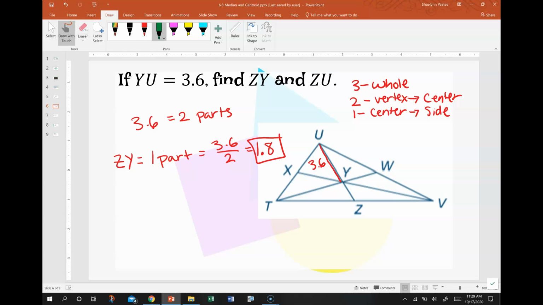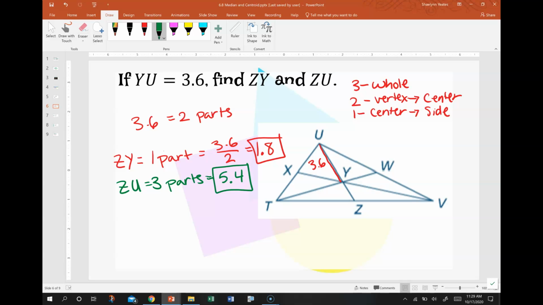And then if I want ZU, which is 3 parts, I can take my 2 parts and my 1 part and add them together. That should give me all 3. So I take 3.6 plus 1.8, and I get 5.4. You can also get this by multiplying the 1 part by 3, because that would also give you 3 parts. But that's how I find that.